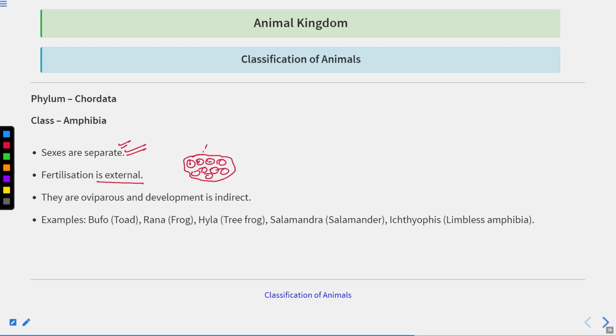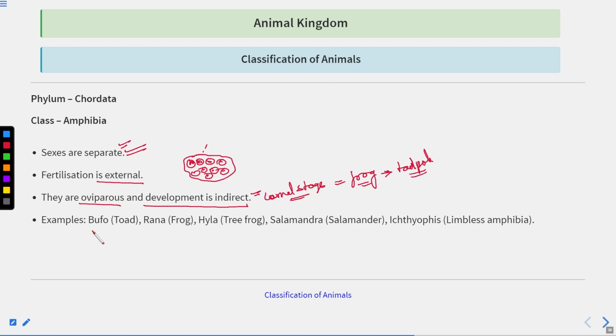So the fertilization takes place, and each egg develops into a tadpole. They are oviparous and development is indirect, which means they are having the larval stage. In the case of frog, we are having the larva that is called tadpole.